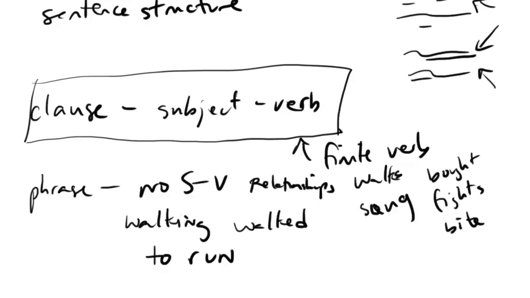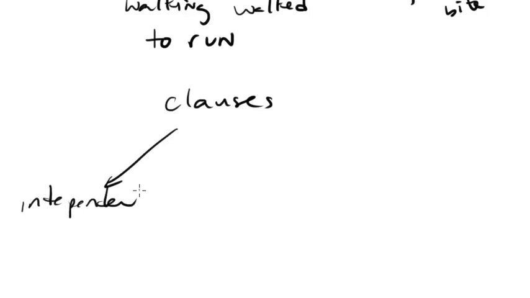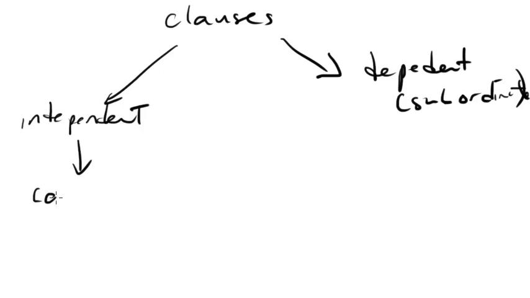Okay, so a clause. There are two main types of clauses you might have heard before: the independent clause and the dependent clause, aka the subordinate clause. Let's talk about each one of those. The independent clause is a sentence that can stand by itself. It's got a subject and a verb.